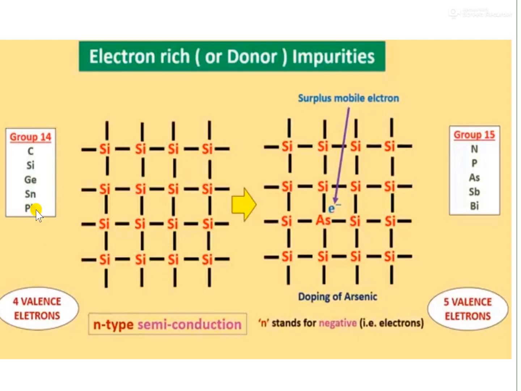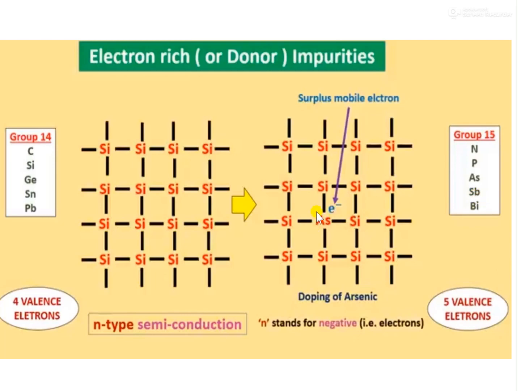Here what we do is add an impurity that is electron rich, that has one electron more than this one. Group 14 has 4 electrons in the outermost shell, so we will add a species which has 1 electron more. So we can add any element from group 15, in which 5 valence electrons are present.